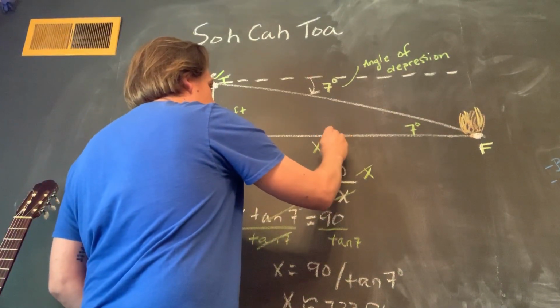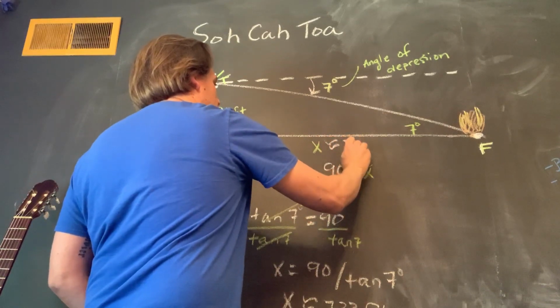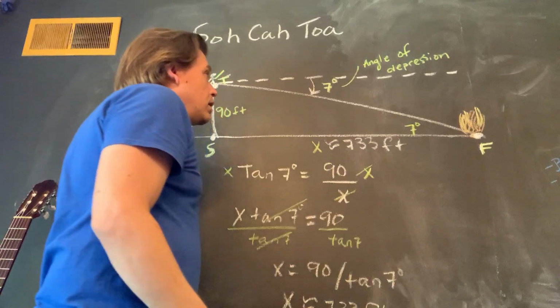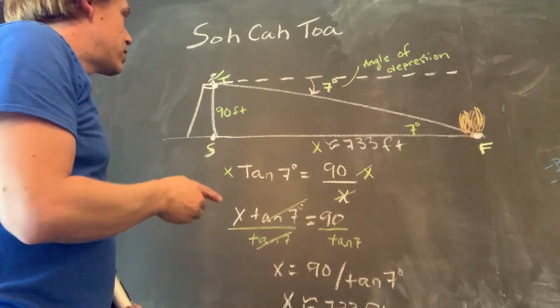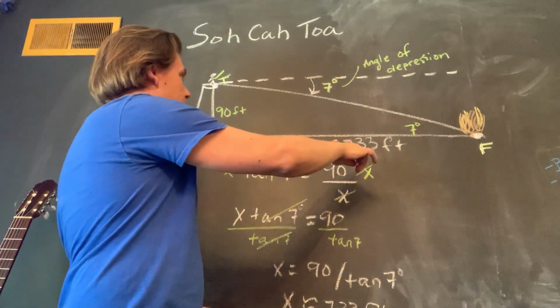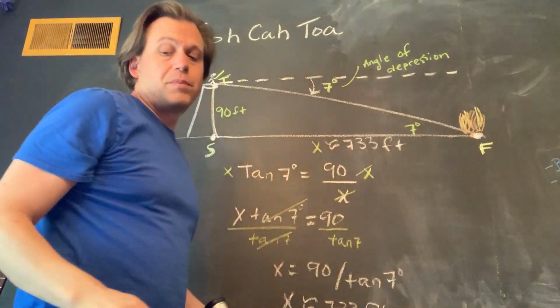So let's put it. So using tangent this time, you were able to figure out this distance to solve this part of the triangle.